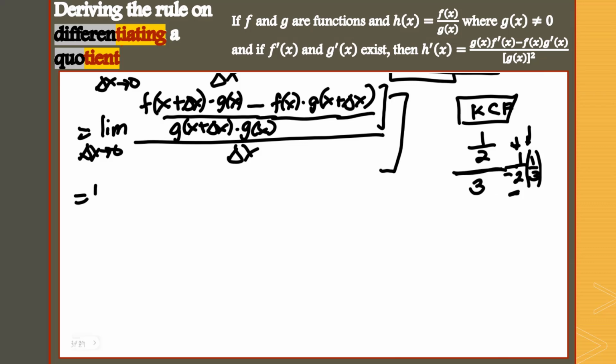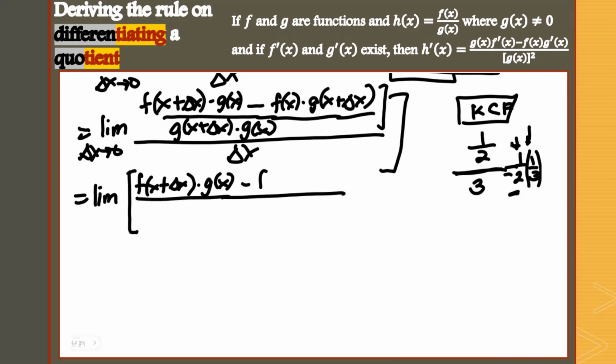Similar thing here. So you have the limit. We keep the entire numerator, f of x plus delta x times g of x, all over 1, minus f of x times g of x plus delta x, over delta x. We kept the numerator.